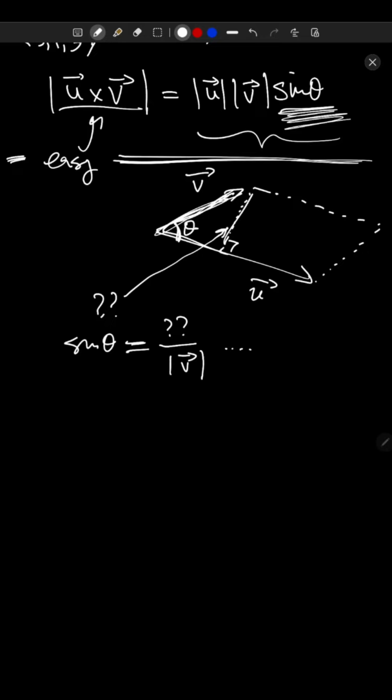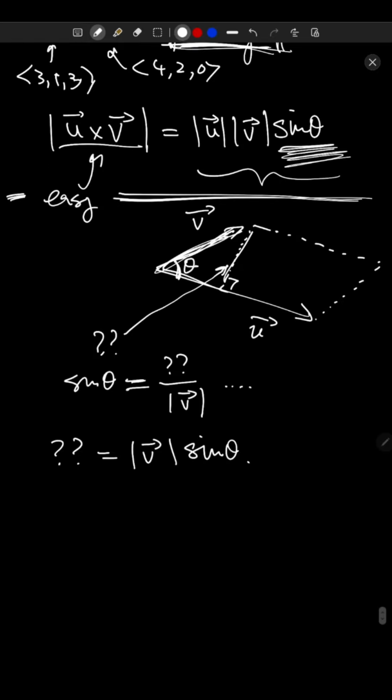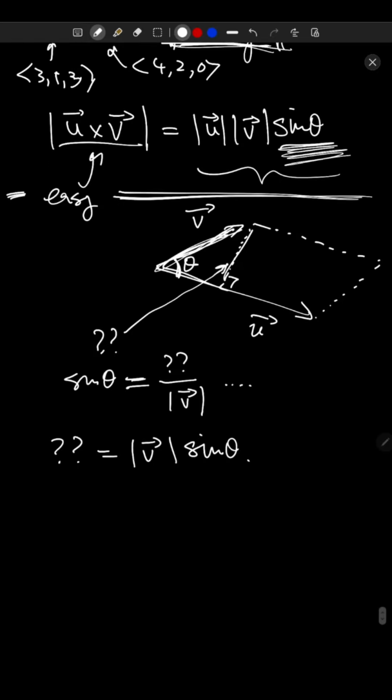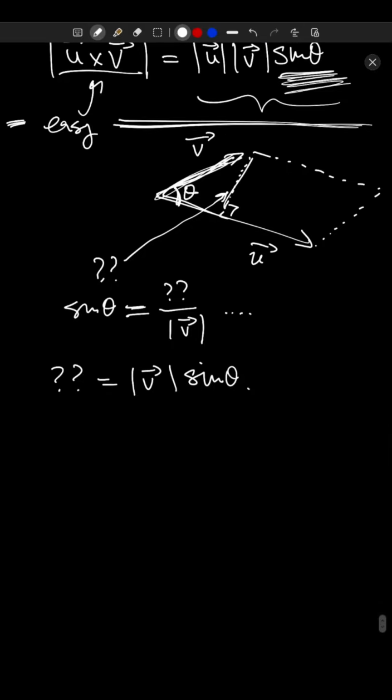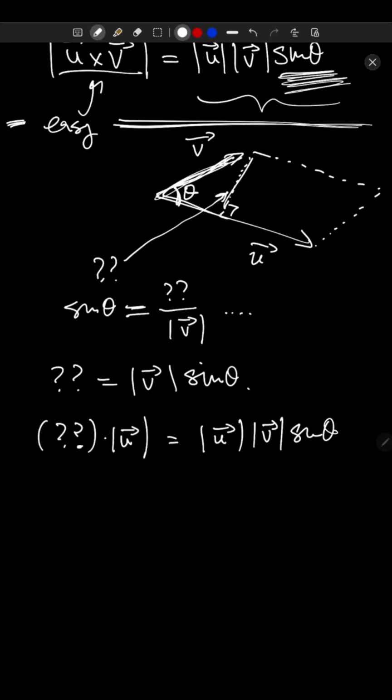And so the length that we don't know is length of v sine theta. Okay. Why do I care about this? Well, notice this. What happens if I multiply this thing, times the length of u? That gives me length of u, length of v, sine theta. And that's the length of u cross v, which again, that's easy.